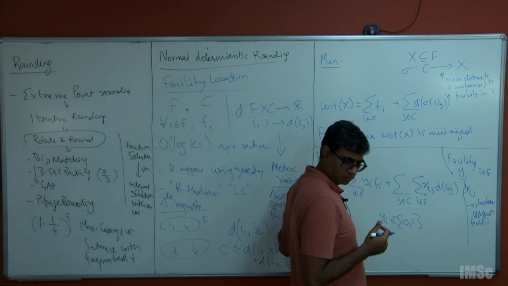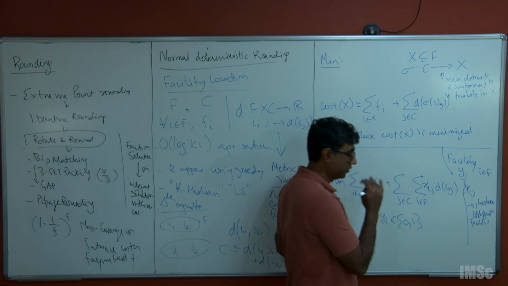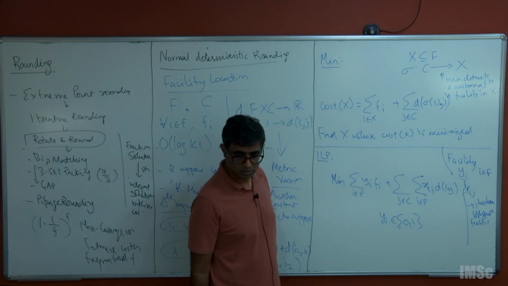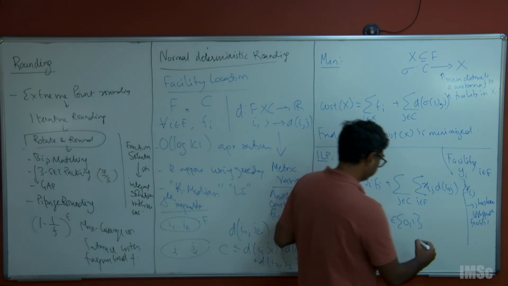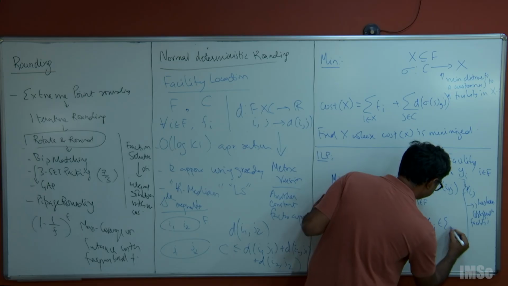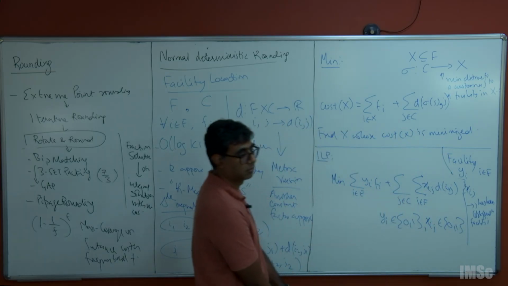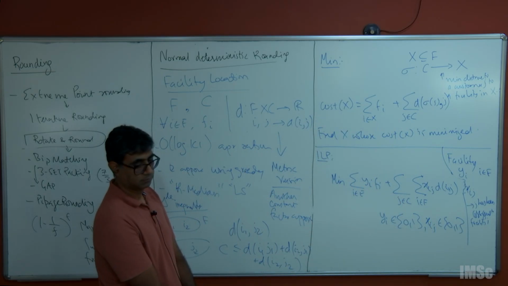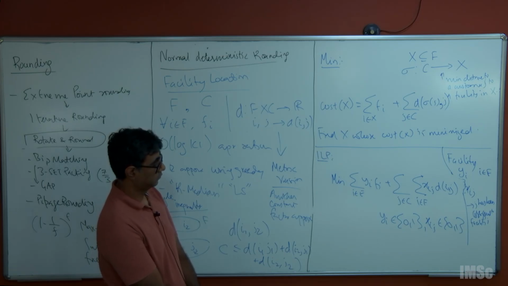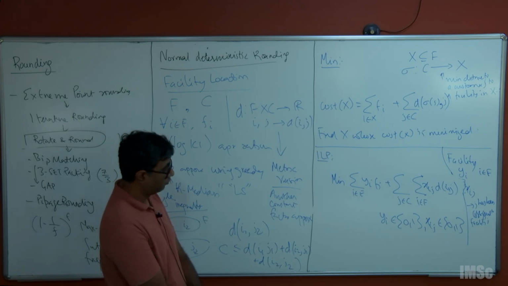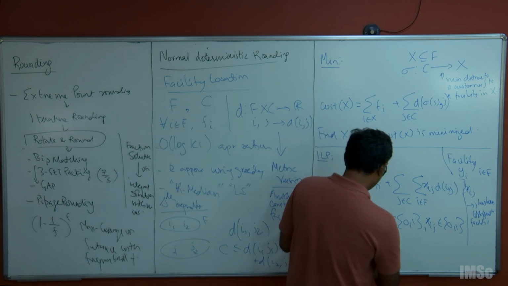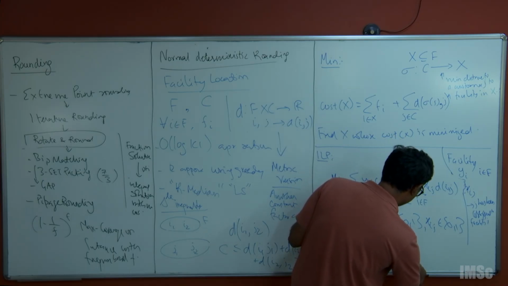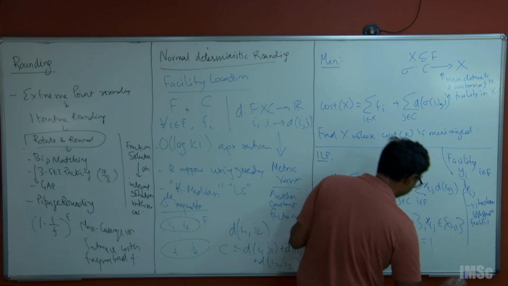This x_ij can take a value 0 or 1, so I also have x_ij an element of {0, 1}. Each client should be assigned to exactly one facility. So how do I put that as a constraint? For every j in customers, the summation over i in F of x_ij is exactly equal to 1.